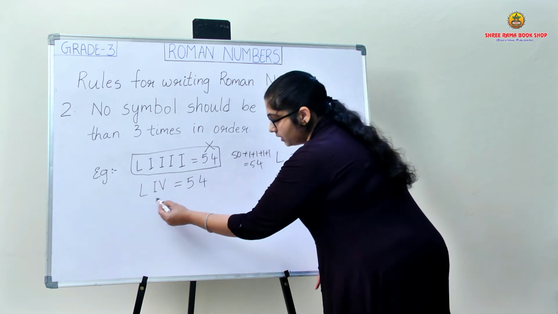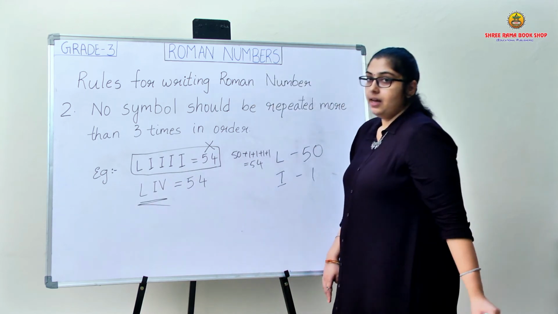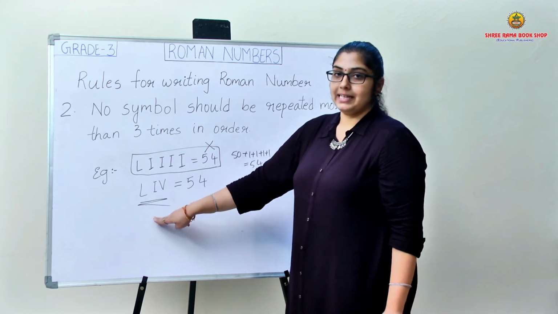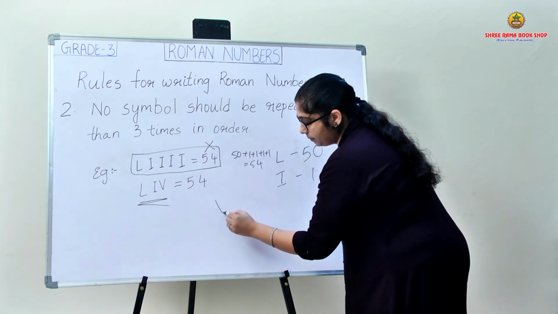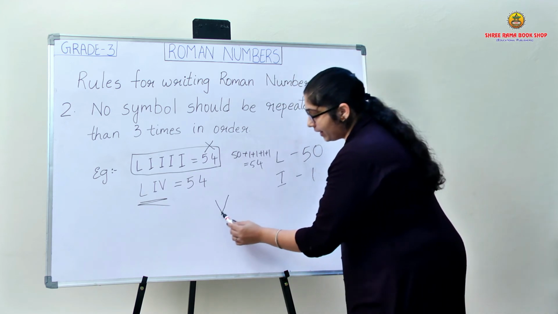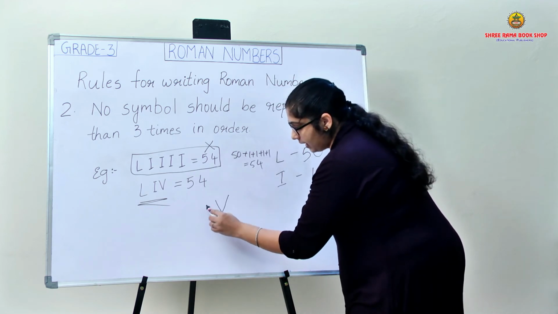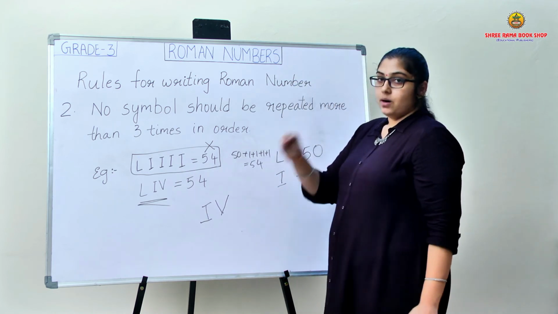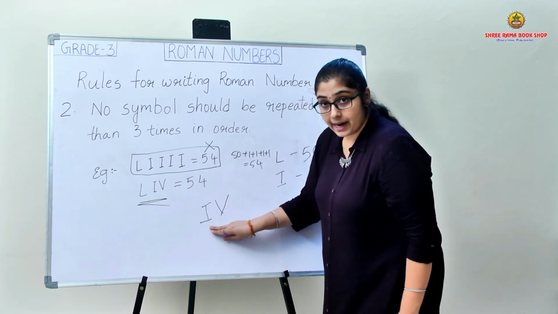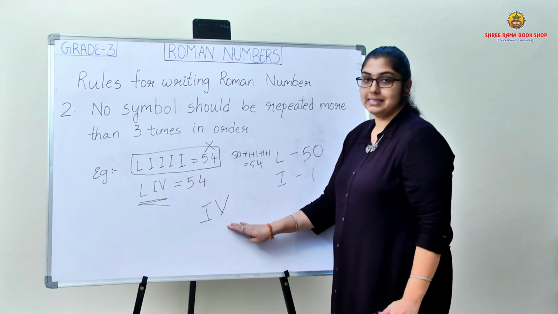Before going into detail, I can give one more explanation. V represents 5, but I am writing I before V. So I need to subtract the value of I from this Roman symbol.